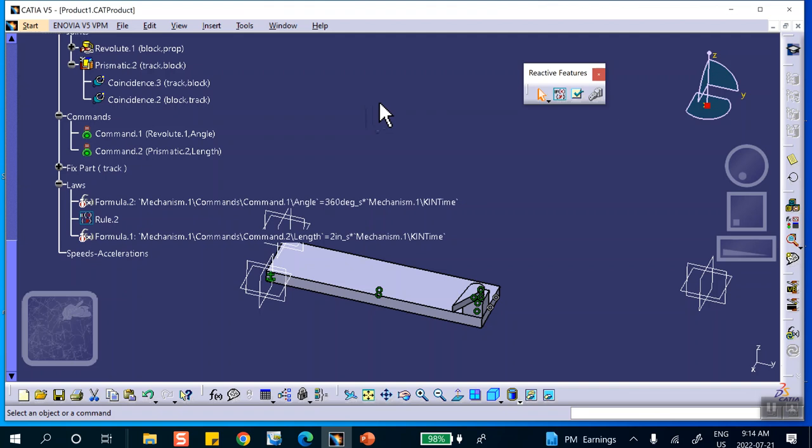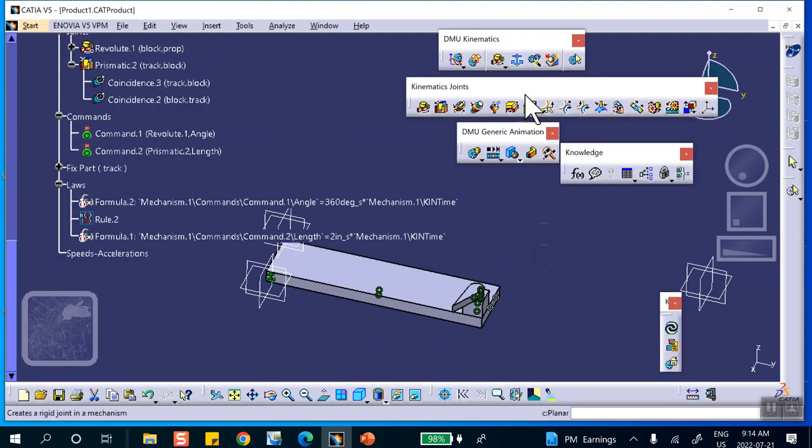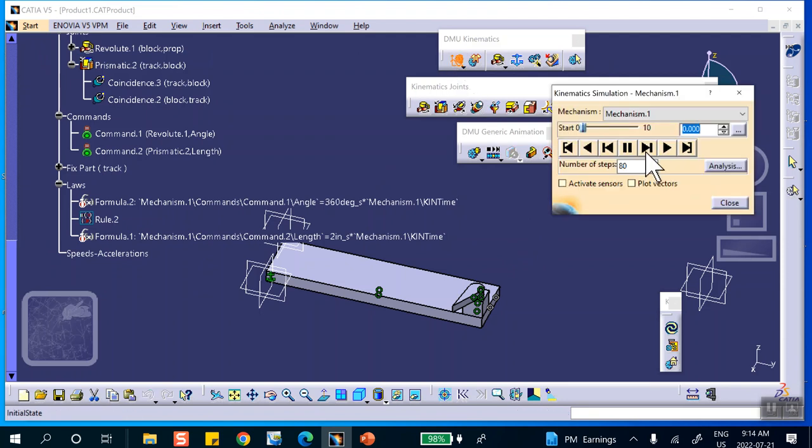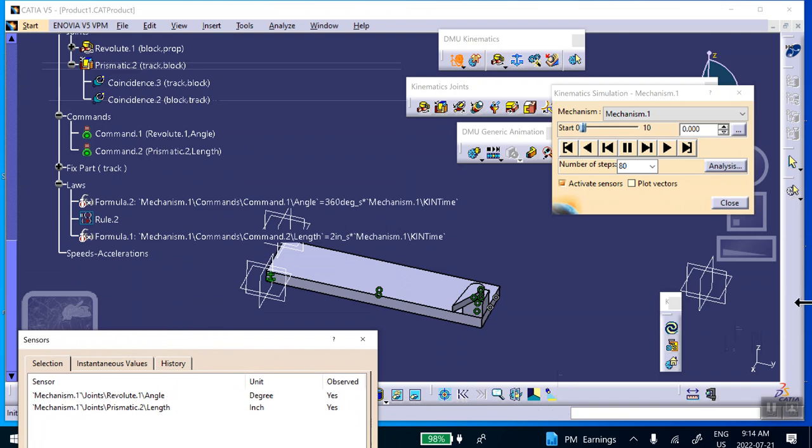Are we good? Okay. So let me run this thing. You go back to the DMU kinematics, and then simulation with laws. Nothing fancy. We're going to get the same graph.